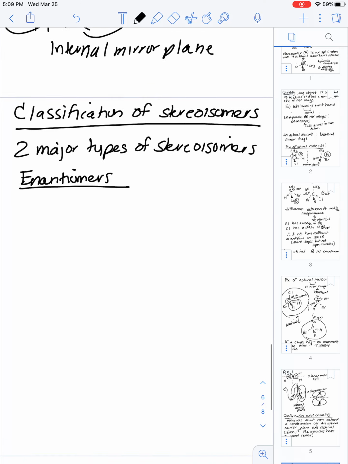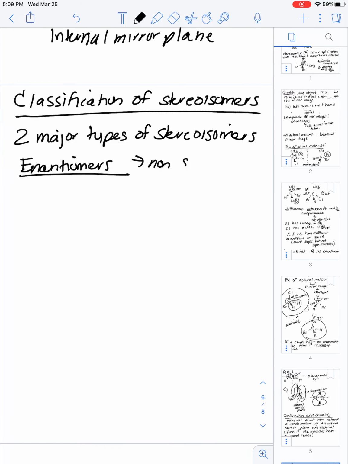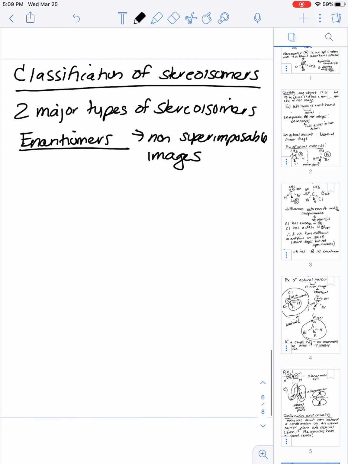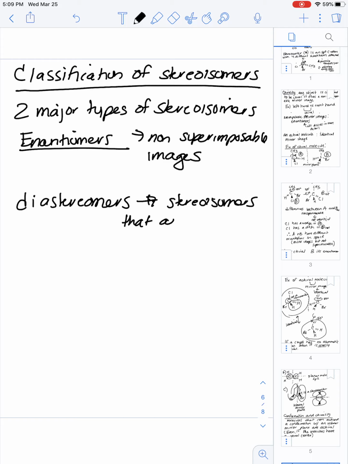Enantiomers are those non-superimposable mirror images. There are a few examples above, but we'll also look at a few examples in a little bit. We also have diastereomers. These are stereoisomers that are not mirror images.